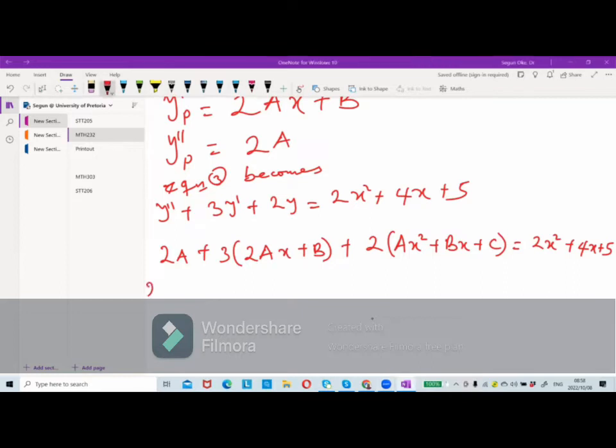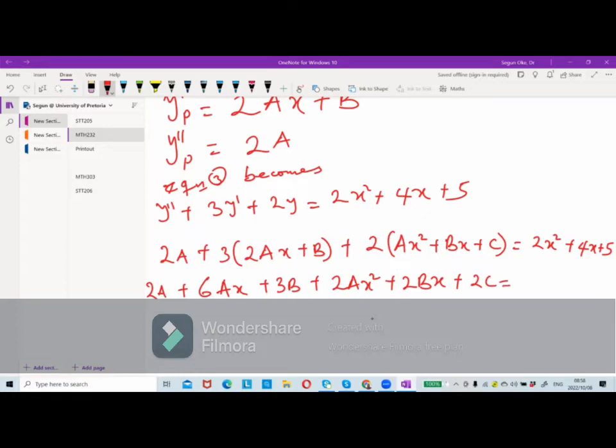So let's open this one, 2a plus 3 times this. You have 6ax plus 3b, plus 2a multiplied by this. You have 2ax squared plus 2bx plus 2c.